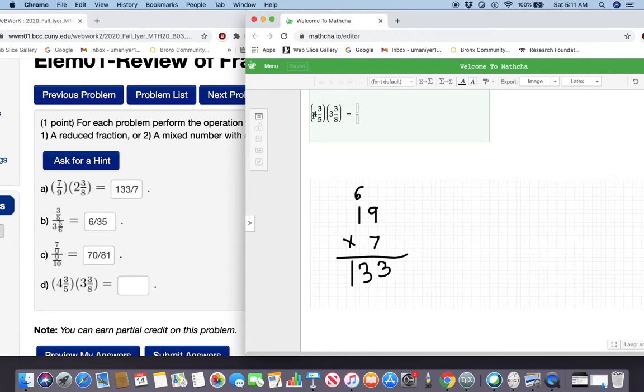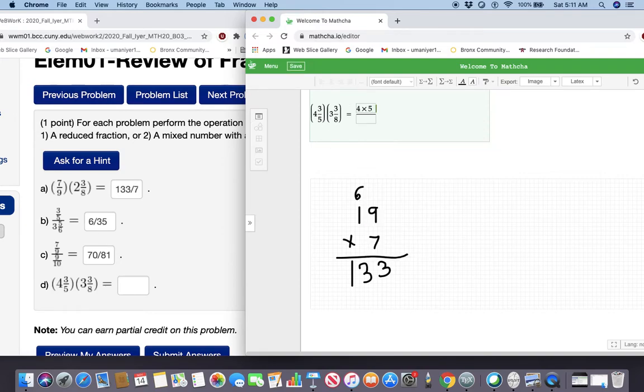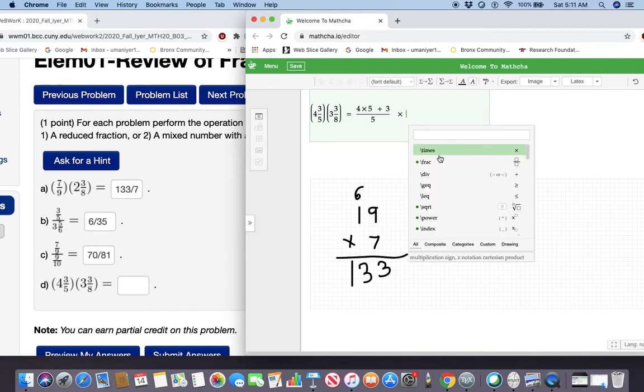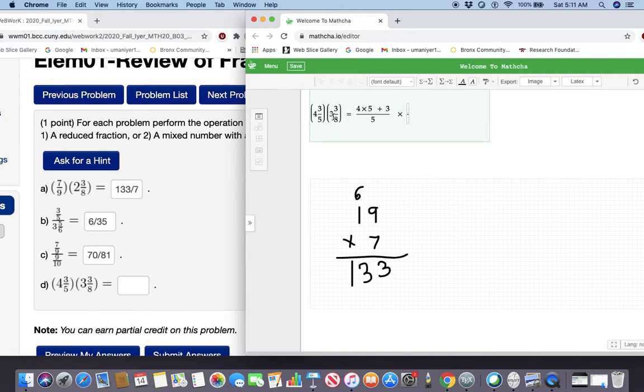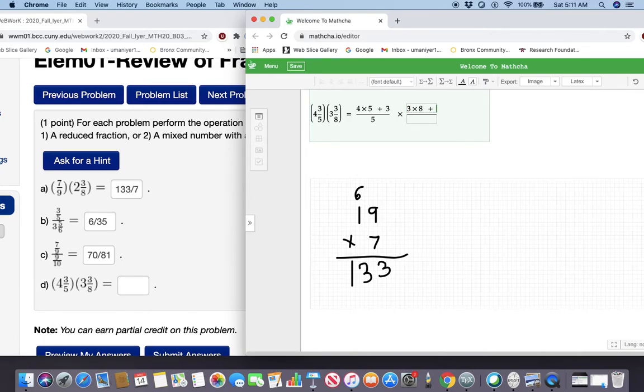How do we do it? 4 times 5, you multiply the whole part with the denominator, and add the numerator. The denominator stays the same. Again, 3 times 8 plus the numerator 3. The denominator stays the same.